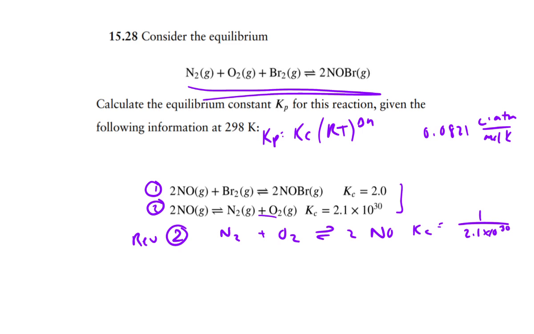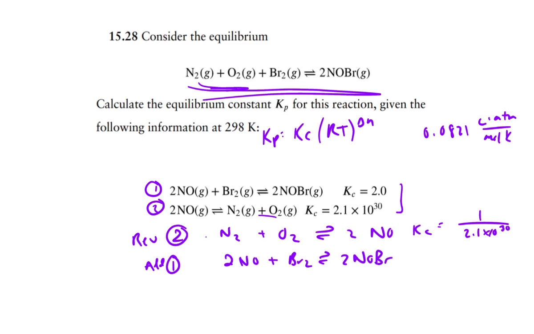And then I'm going to add to that equation 1. Now we've got our NO, which we're going to cancel out on both sides of the equation. We have our NOBr on our product side if we simply add that first equation, and then N2 and O2 on the reactant side because we reversed the second one. So we'll do 2NO plus Br2 in equilibrium with 2NOBr.